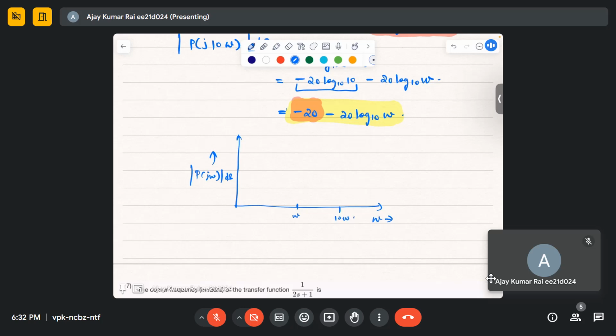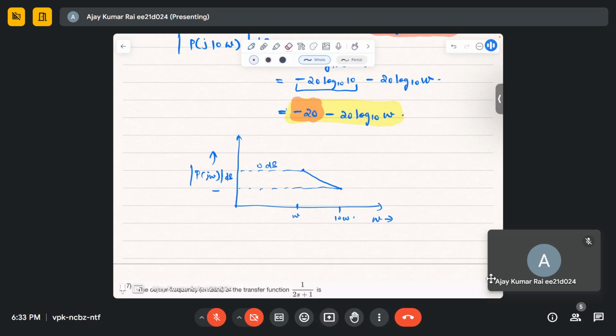Let's suppose we have some magnitude at omega, but at 10 omega the magnitude has decreased by 20 dB.